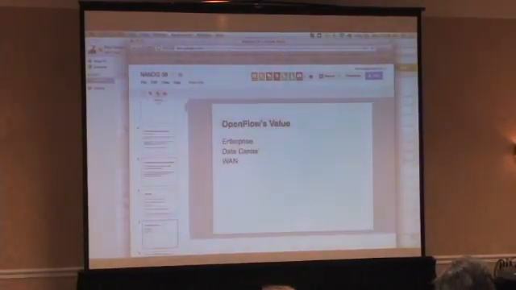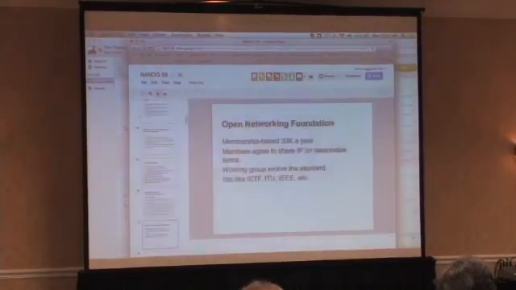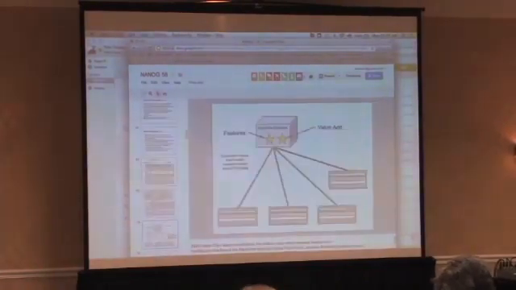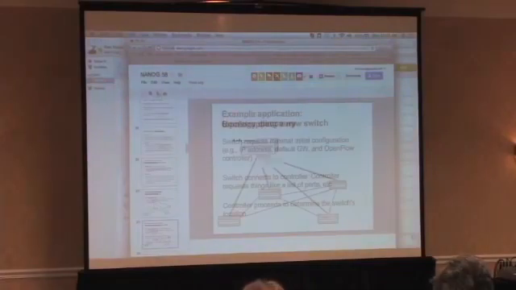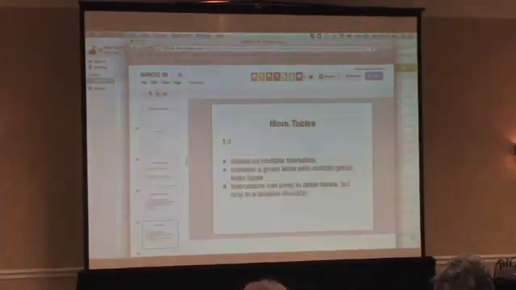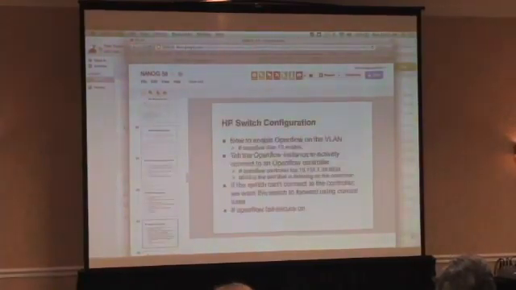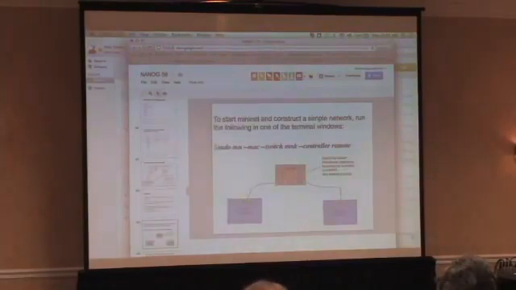Let's see. I think we're probably around slide 40 odd. Right, okay, so we're not there yet. Wait, am I going in the right direction?